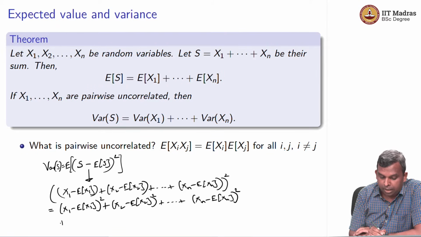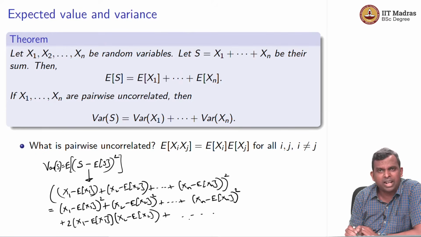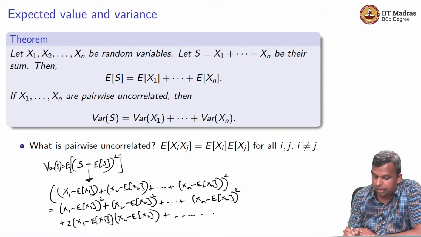And then you will get cross terms of this nature, in fact you will get two of them, x1 minus expected value of x1 times x2 minus expected value of x2, so on. I'm not going to write down all the cross terms. An arbitrary cross term will look like this: xi minus expected value of xi times xj minus expected value of xj.